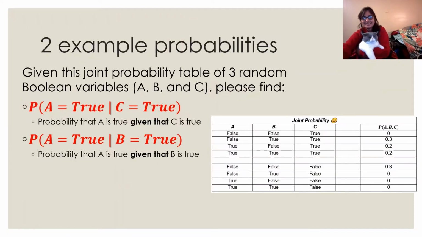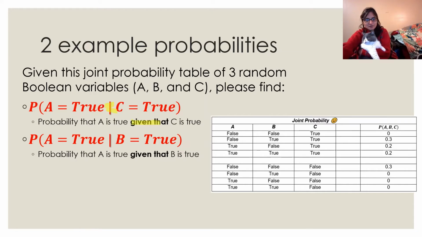In this example, we'll also go through 2 example probabilities involving this joint probability table, given this joint probability table of 3 random Boolean variables, A, B, and C. We're going to find the probability that A is true given that C is true.